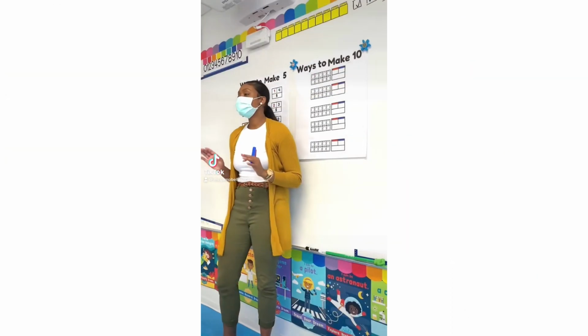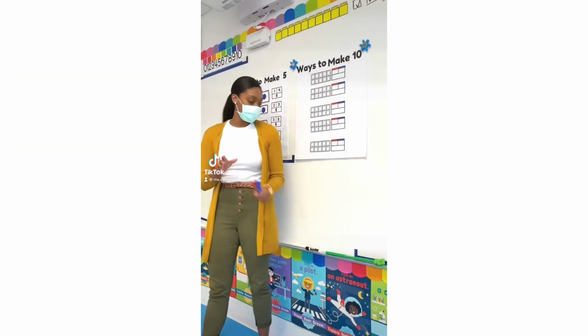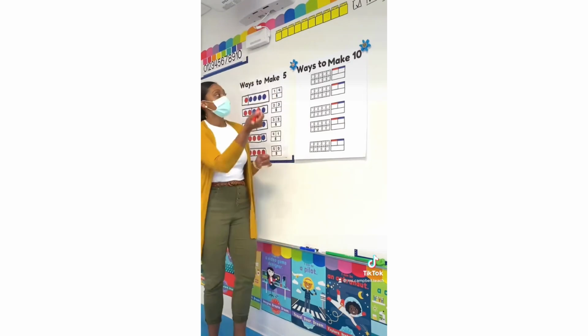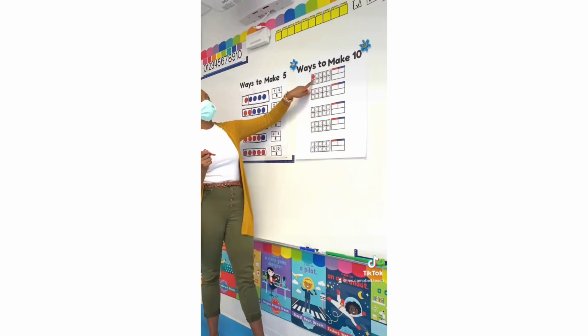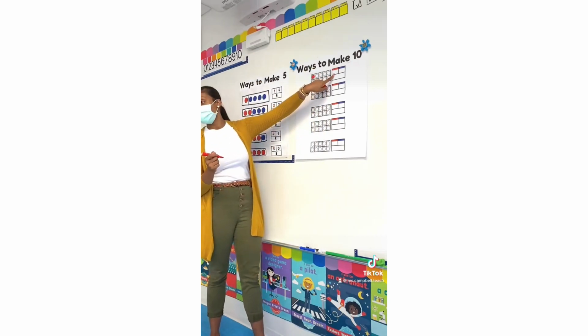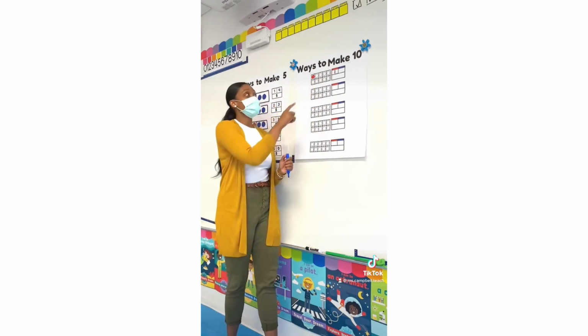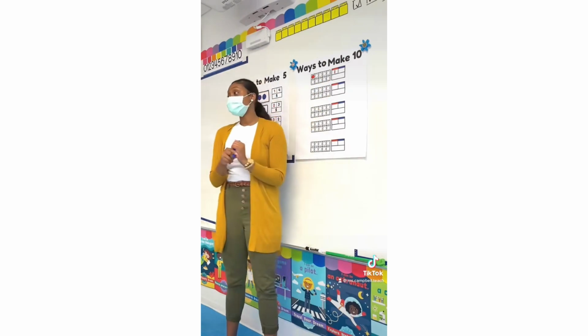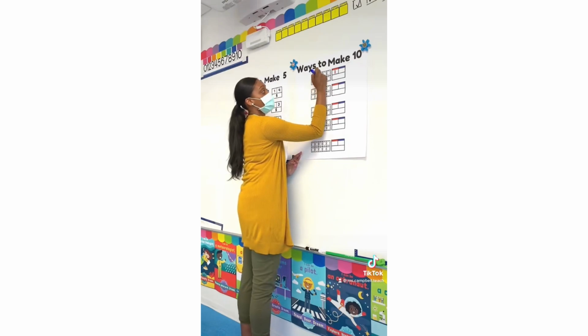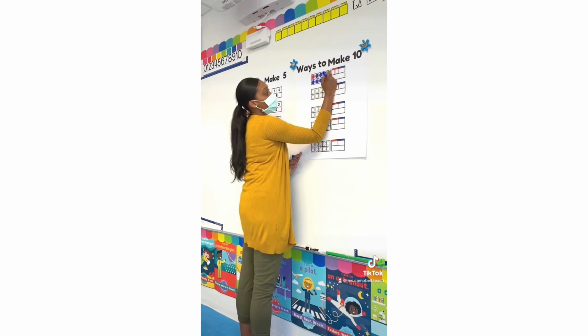So if our 10 frame is full, how many do we have? 10. Good. I'm gonna color one of my circles in like this. What number should I put for my part? 1. If I filled in 1, I know that I need to color in the rest to make 10. Let's go ahead and count how many I'm coloring. 1, 2, count with me. 9.